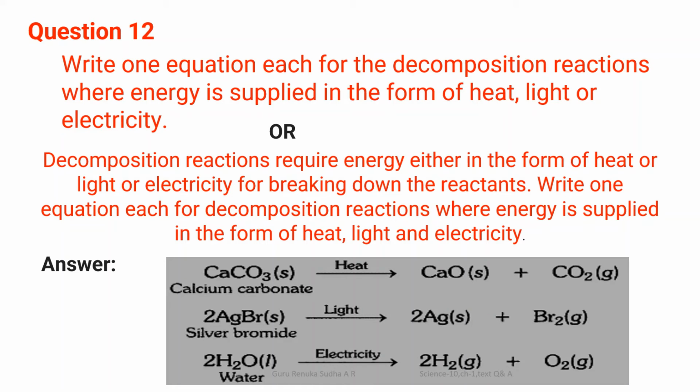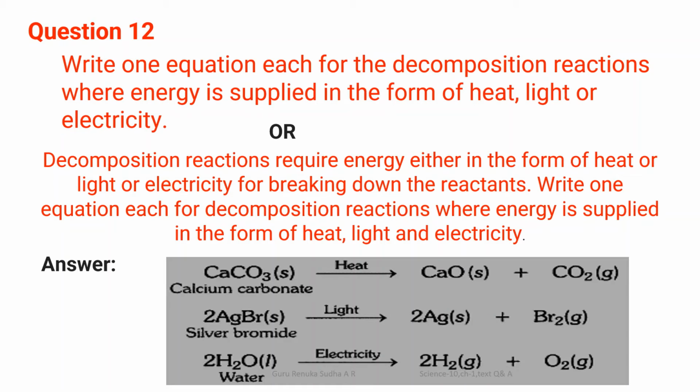Water, when we pass an electric current through it, undergoes electrolysis and the elements separate. So these are examples indicating decomposition reactions, with energy supplied in the form of light, heat and electricity.